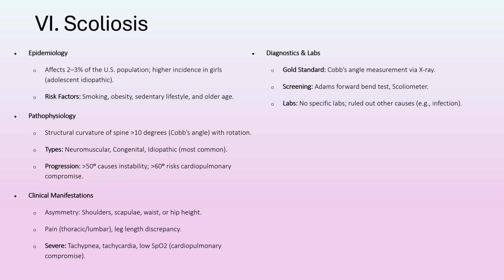Next, we have the diagnostics and labs. Cobb's angle is the standard measurement of curvature, the intersection of perpendicular lines from the most affected upper and lower vertebrae. Visual inspection assesses asymmetry in the shoulders, scapulae, and hips.